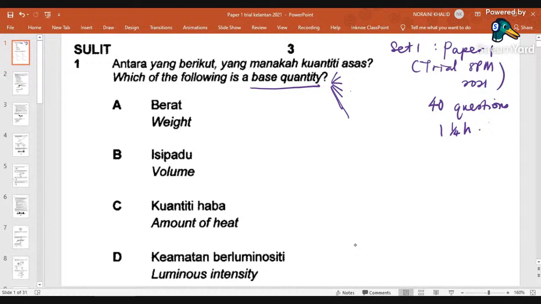Dia tak boleh combine dengan physical quantities yang lain melalui formula. For example here we have weight, so this is not base quantity. Volume, also not a base quantity. Heat, also no. Then we have D, luminous intensity. The SI unit that we use for this one is candela. Luminous intensity.